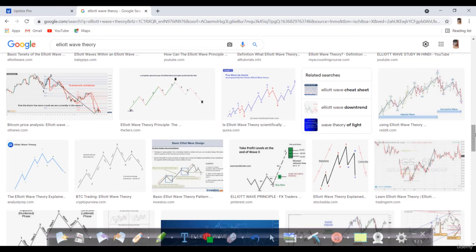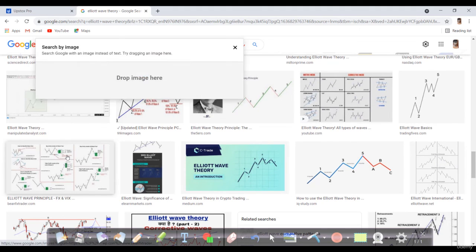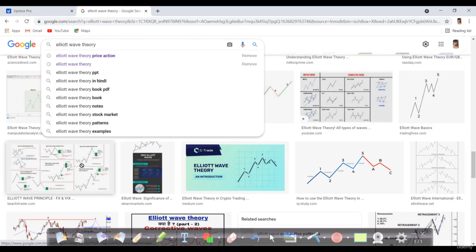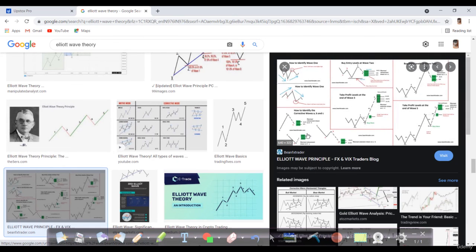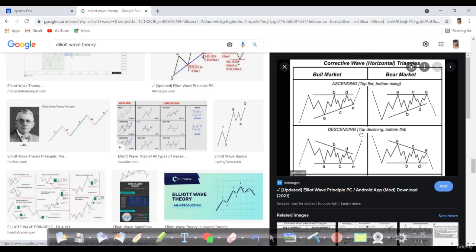No need to worry if you're not able to analyze, but if you know what price action is, then you are easily able to grasp what Elliott theory is, when we can trade, how we can analyze the stock, and how to make entry or exit. This type of pattern you can easily find in the market.